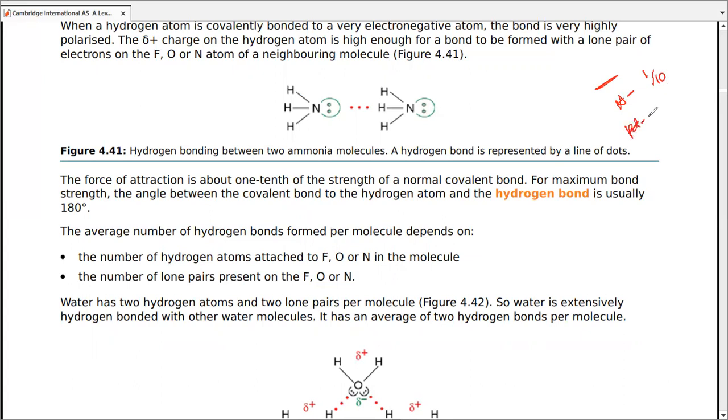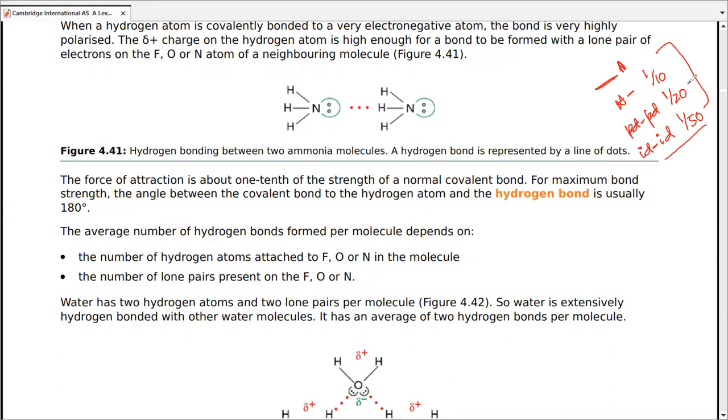PD-PD forces would be usually 1/20th of it. And ID-ID forces, this is something that teachers do since figures can better explain to students how they can be compared to one another instead of just kilojoules per mole values of energies. If this is 1 by 10, this is 1 by 20, and this is 1 by 50. That's how we can compare them.